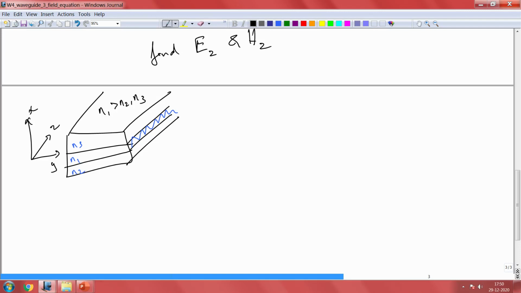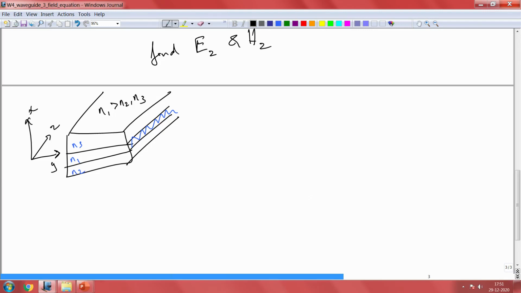So we call this a simple slab waveguide. So for this let us look at both TE and TM. So you will have TE mode and you will also have TM mode. So we could consider dou over dou y is 0 because the refractive index profile change across y direction is nil.